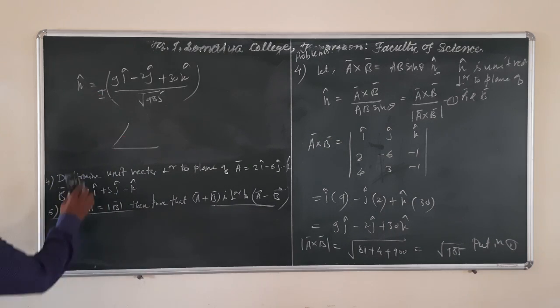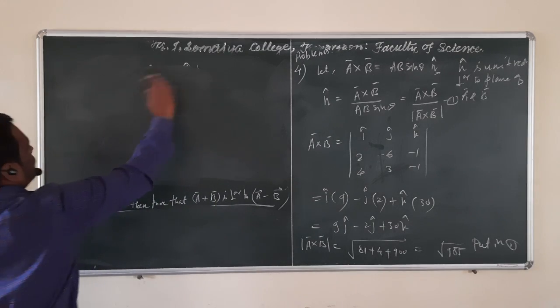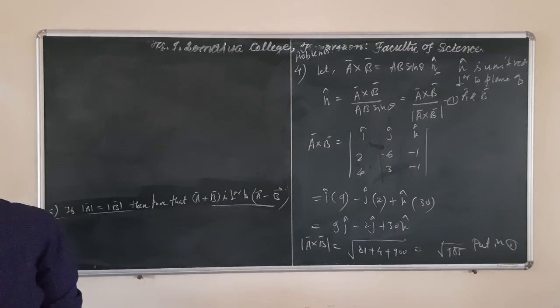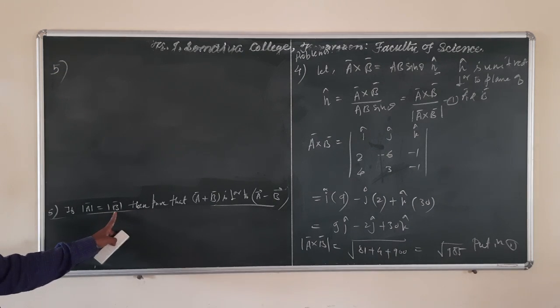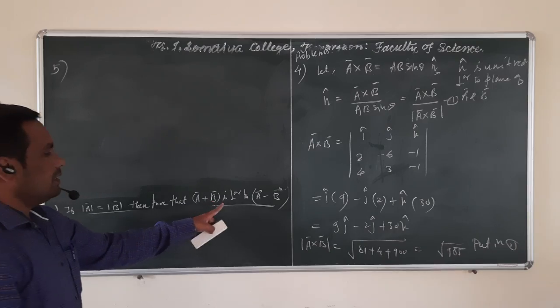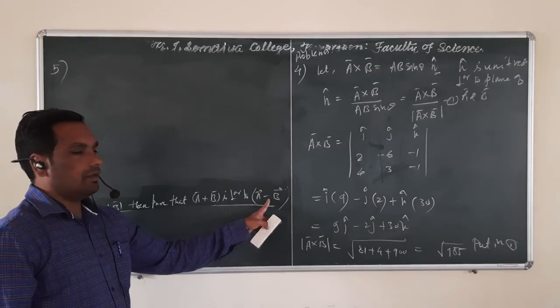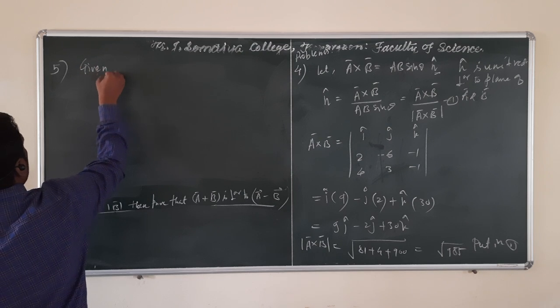Okay. Now problem number 5. If the magnitude of vector A is equal to the magnitude of vector B, then prove that vector A plus B is perpendicular to vector A minus B. So what is given in problem number 5?